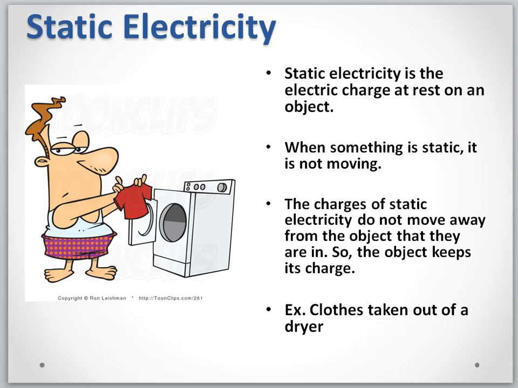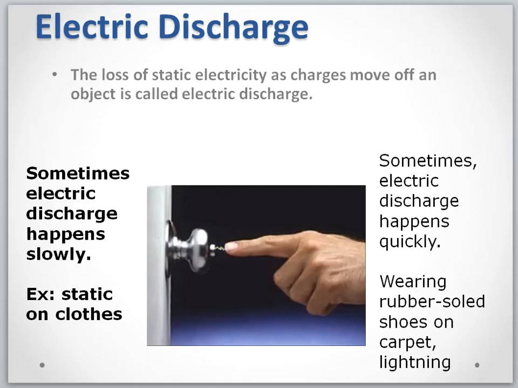They've picked up electrons, electric charge, through the friction motion in the dryer, and especially if it's very dry and that charge is not conducted through the air to some grounded object, you'll pick up that static electricity, which is electric charge that is standing still on some kind of an object. Well, that charge can be discharged, and this would be the loss of electricity when it moves from that object.